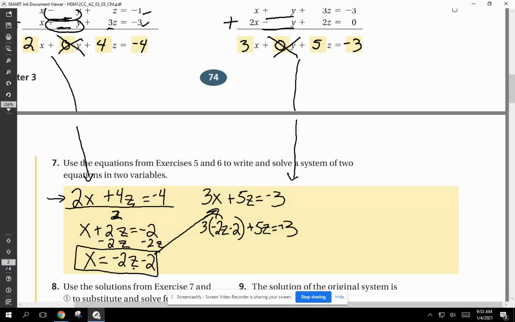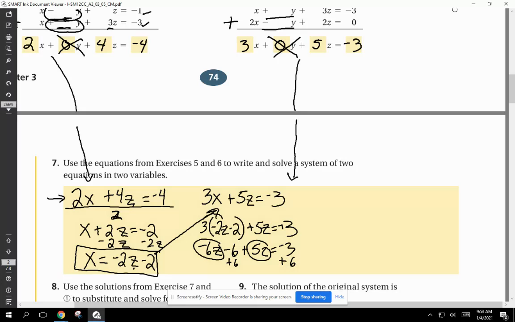So now we're going to use basic math. We're going to distribute. So we have negative 6z, 3 times negative 2 is negative 6, plus 5z equals negative 3, right? So now we're just going to solve this for z. There are probably two things you can combine here, right? So we're going to add 6 to each side first.